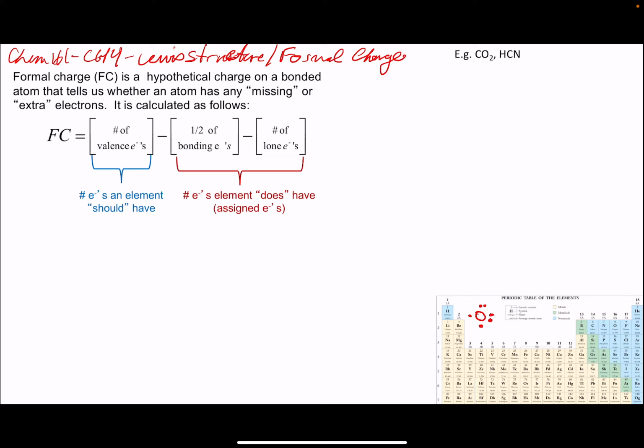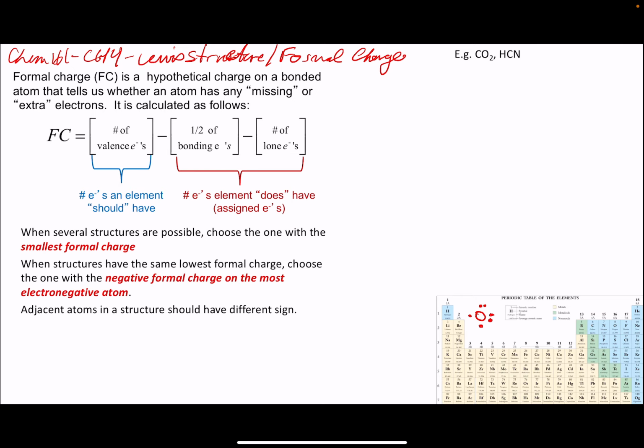The middle term here is half of the electrons that are in bonds. Because we have sharing there, we can only count half of them. The last term here is the number of lone electrons. If we have a lone pair, we count both of those as a value of 2. So lone pairs are fully assigned to the atom. There's no sharing, so that makes sense as well.